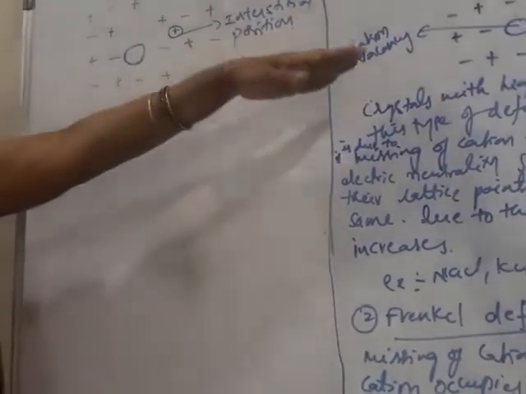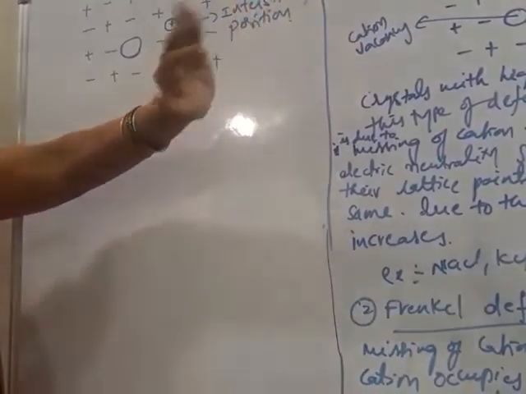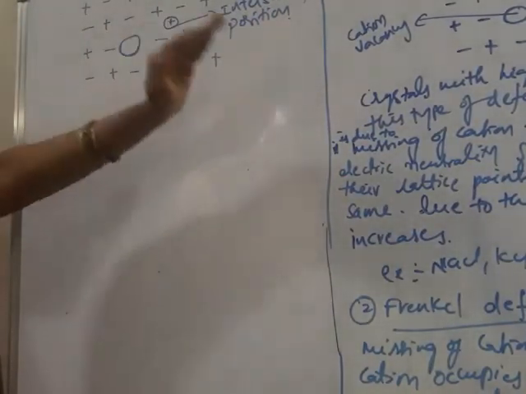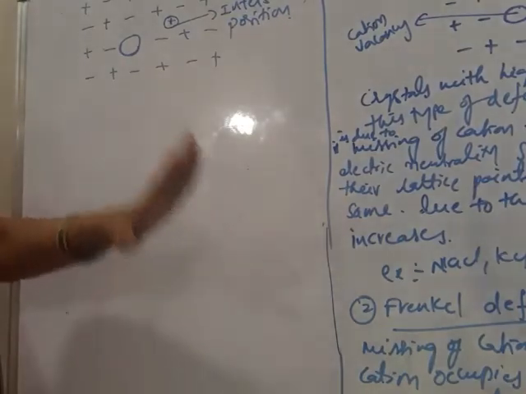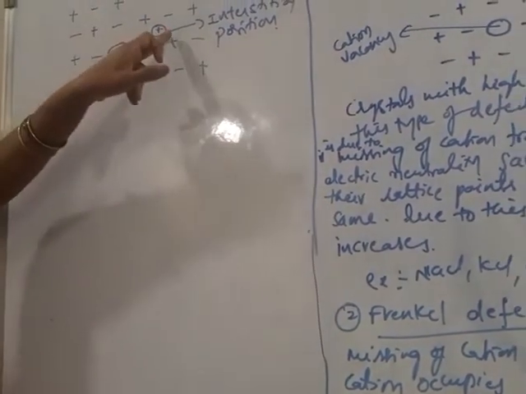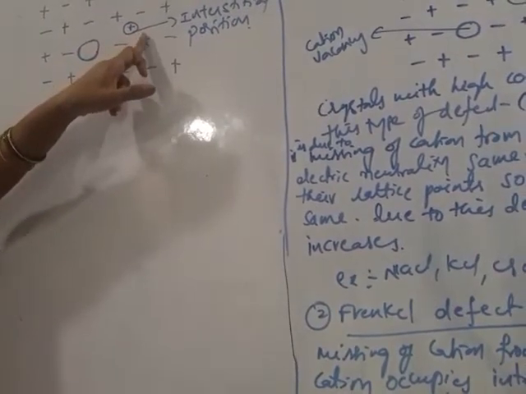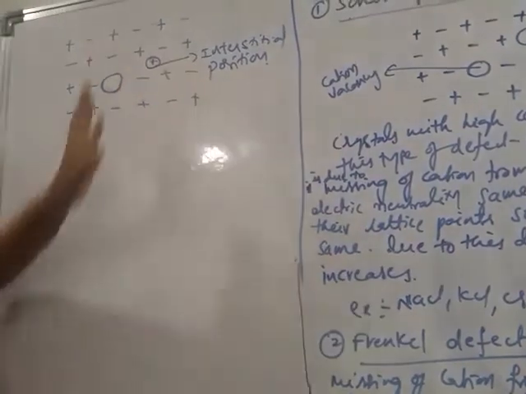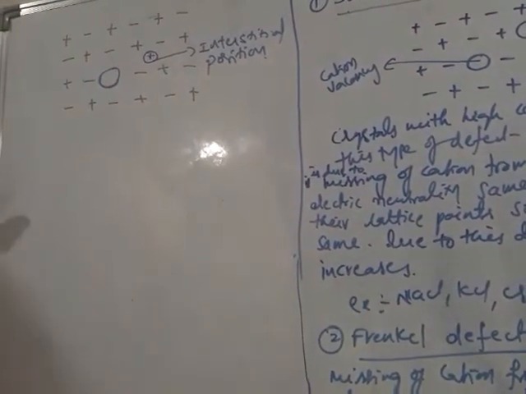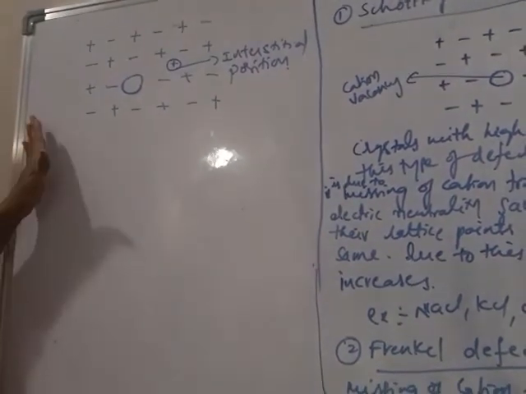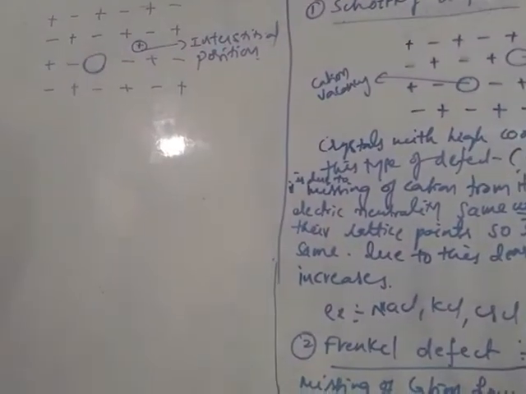Whereas in Schottky defect, ions escape out from the crystal. That's why density gradually decreases. But in case of Frenkel defect, the ion remains within the crystal. That's why there is no change in the density. This type of defect, Frenkel defect, generally takes place with crystals having low coordination number.